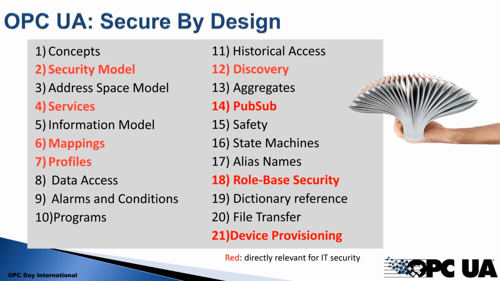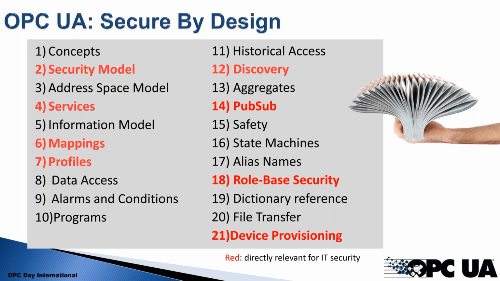I mentioned all the features that OPC UA has built in for security. I'm editor of the security model, which is in part 2, but security is spread out through our specifications since it's built in. So services describe security. There are mappings to different communications protocols that have security features. There are, of course, profiles that describe what functionality you have.